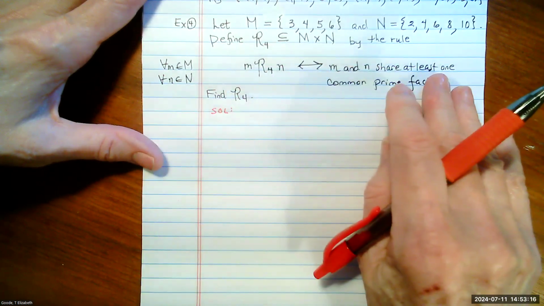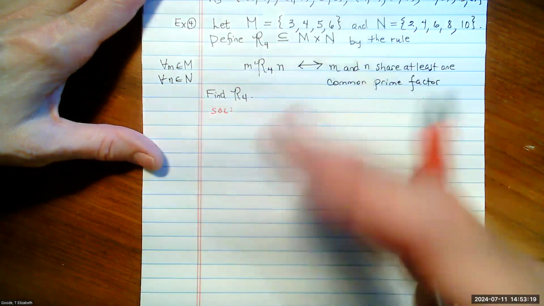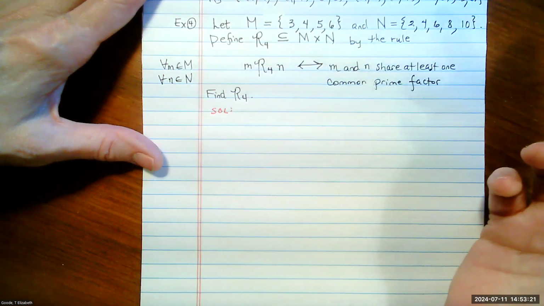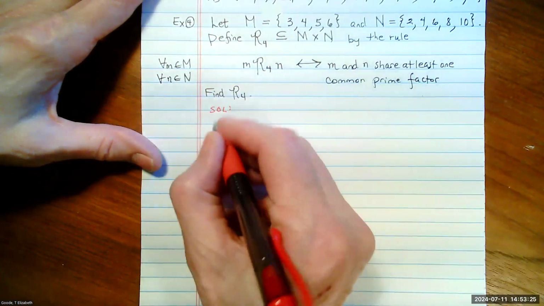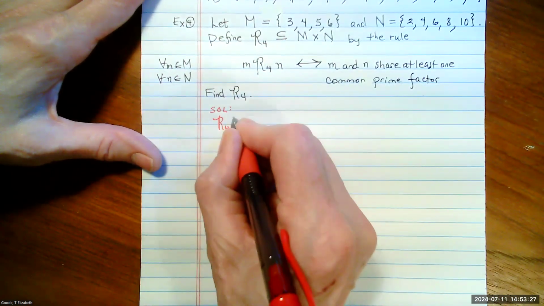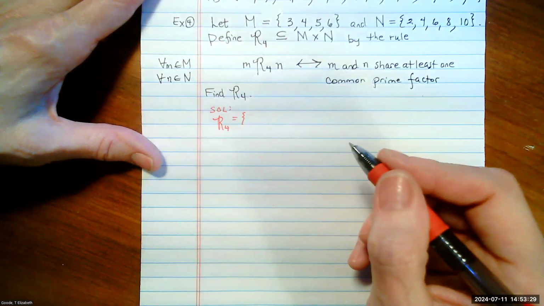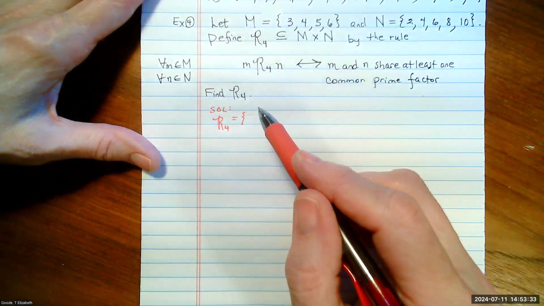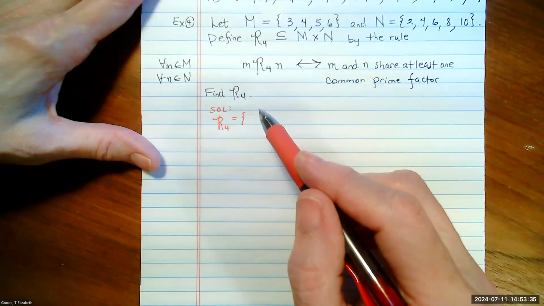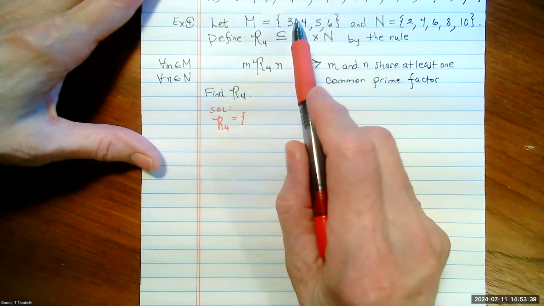So, there are numerous ways to write this. In each problem, I'm trying to write the instructions in a slightly different way so that you can start to make those connections. So for R4, we want to put elements in R4 where the coordinates of an ordered pair share a common prime factor, at least one common prime factor. All right, here we go.